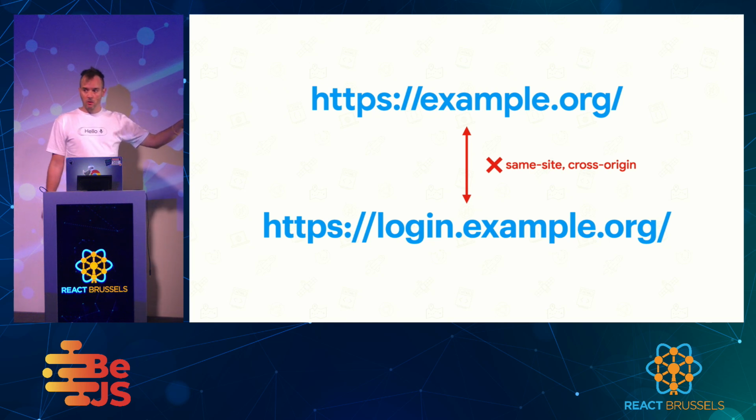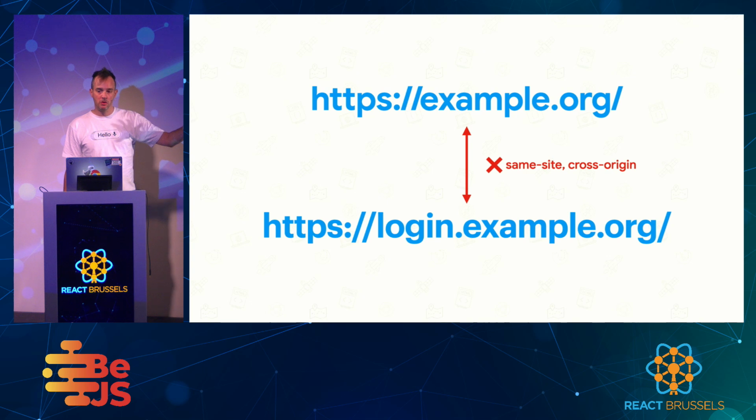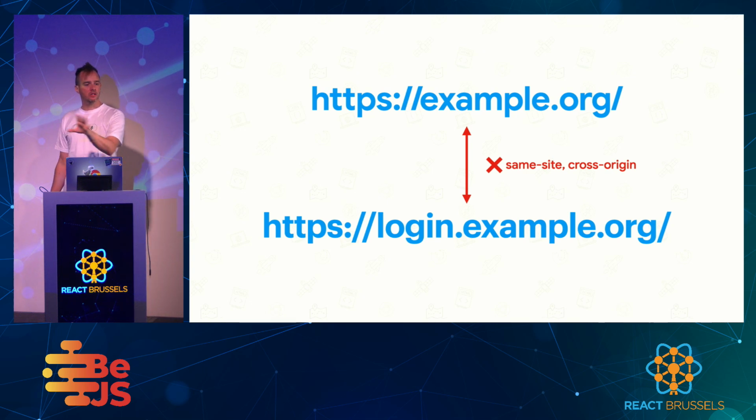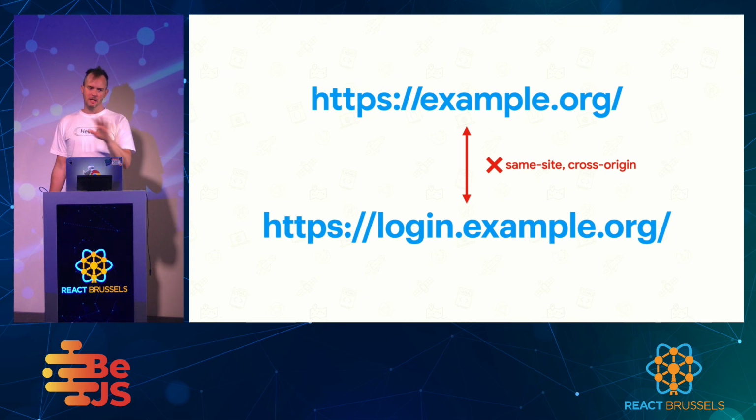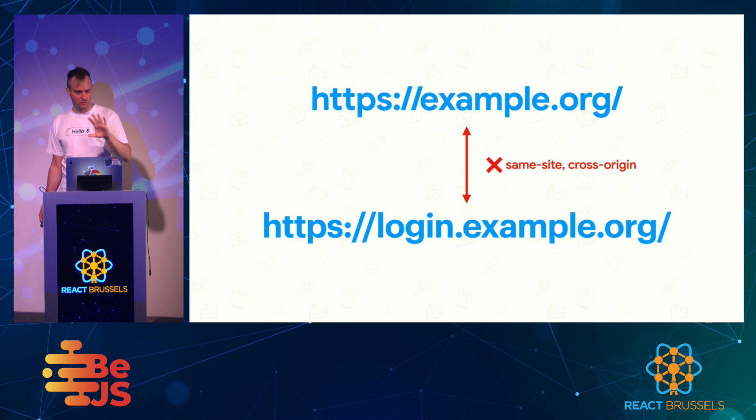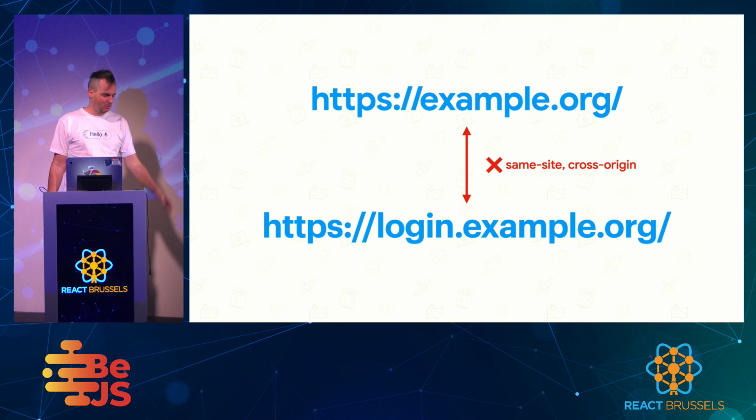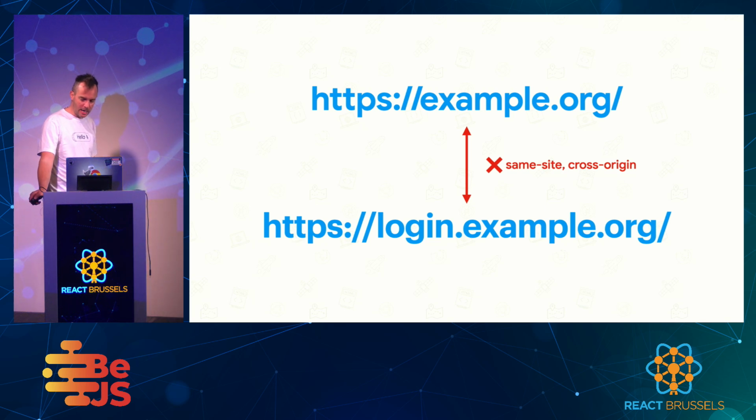We are looking into relaxing this, so maybe in the future, hopefully, we can enable it for same-site cross-origin. But if you're wondering about cross-site, because I always get this question, that's not going to work. Like security reasons, cross-origin, cross-site view transitions most likely will never work. Yeah. So that was the first condition. It needs to be the same origin.